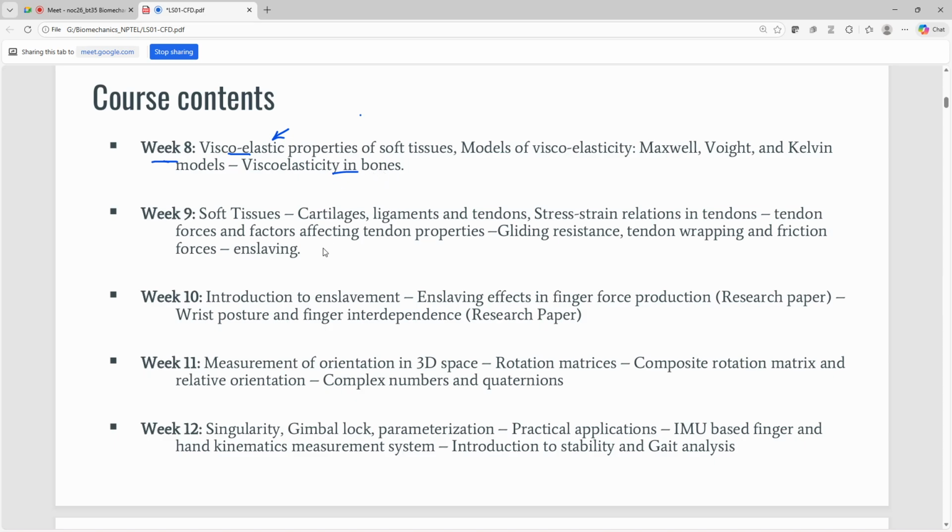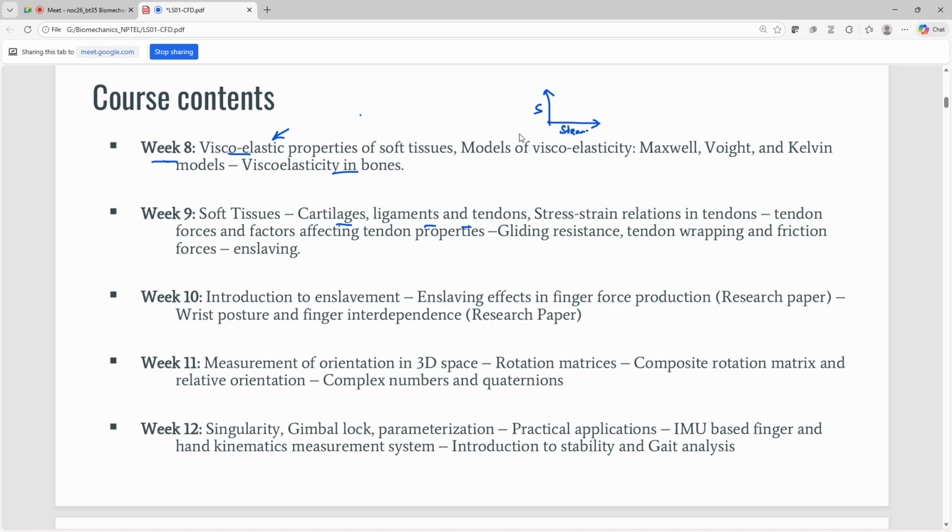Then in week 9 there will be discussions on different types of soft tissues, that is cartilages, ligaments and tendons, etc., and the stress strain relationship. Again, you might have learned about the stress strain relationship of elastic materials, how an elastic material follows Hooke's law.